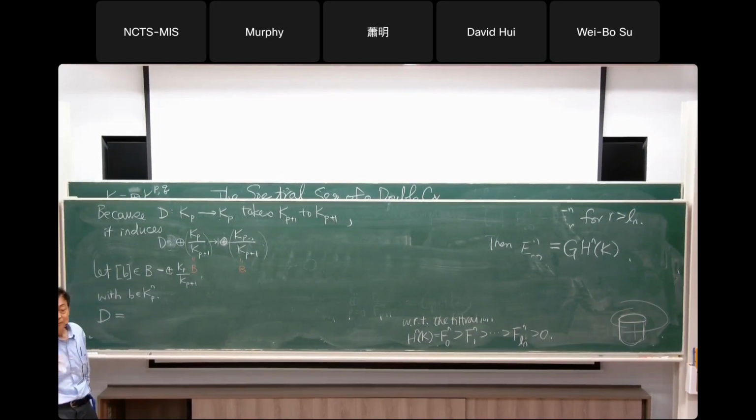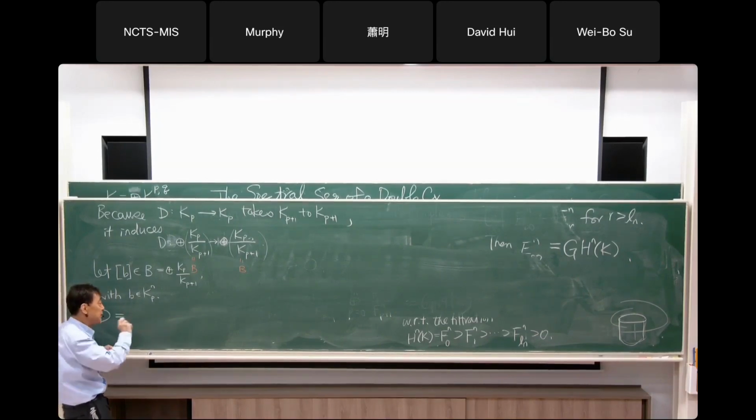The formula for big D, when you have a double complex, has a horizontal part and a vertical part: D prime plus D double prime.